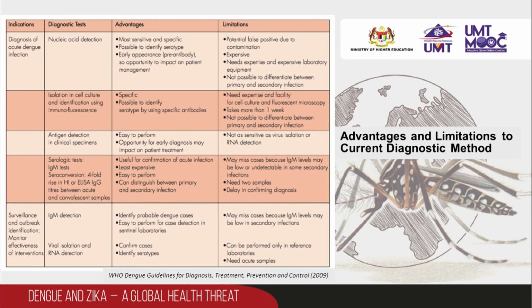Can you determine which method has high sensitivity and specificity? Can you determine which method is less expensive and easy to perform? Can you identify which method is able to distinguish between primary and secondary infection?